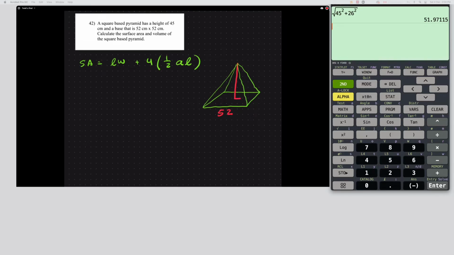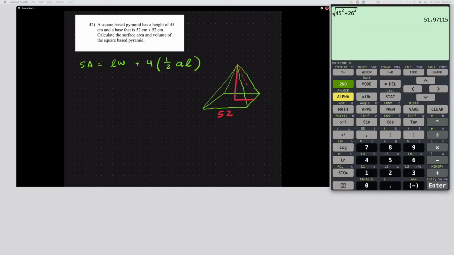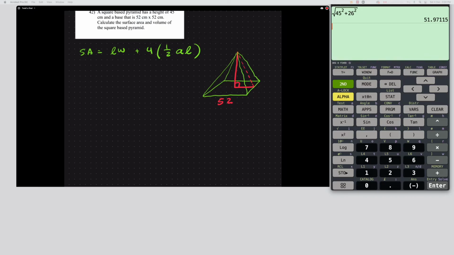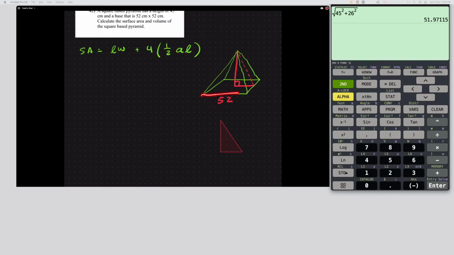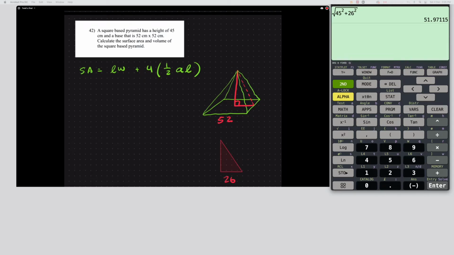Now if we take that directly over to the outside and then we sort of create this sloped line, this slanted line, and we have a 90-degree corner right there. So we have a right angle triangle. And on the right angle triangle, if I look at it, now because this total length right here is 52, half of it will be half of that, which is going to be 26. So that is 26, and my height is given to us at 45.